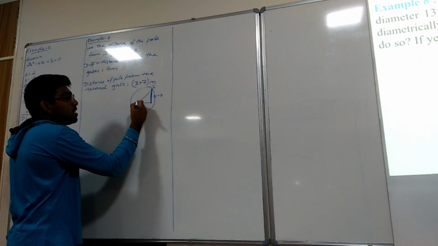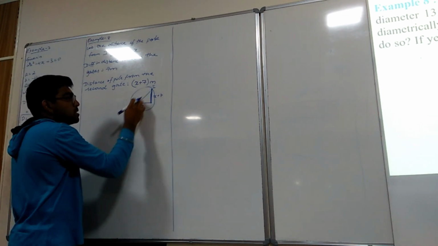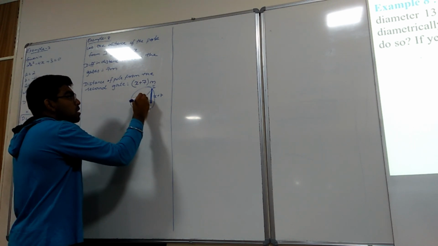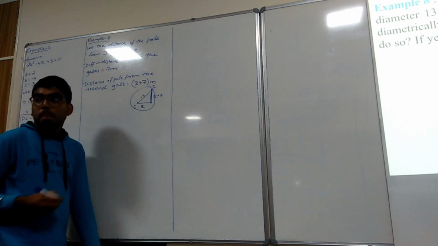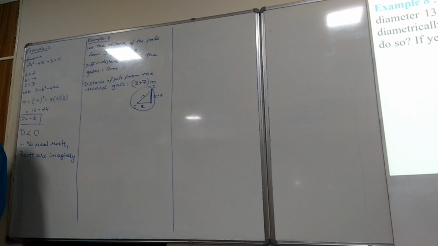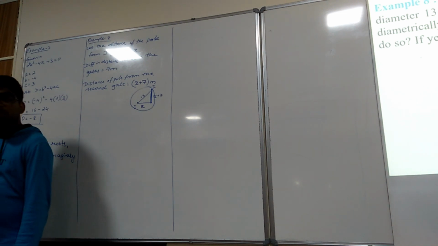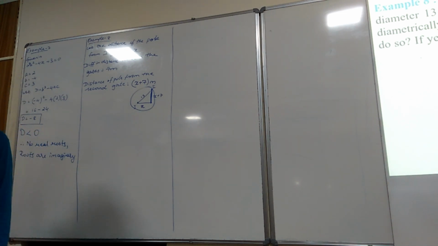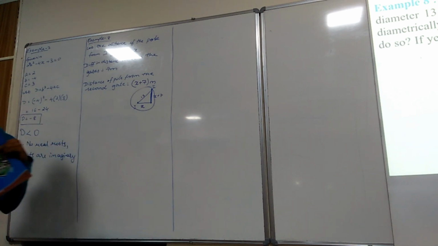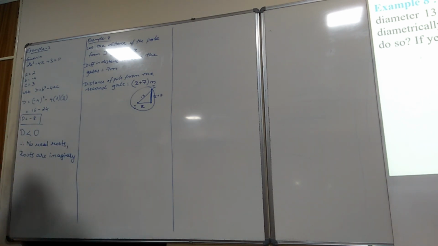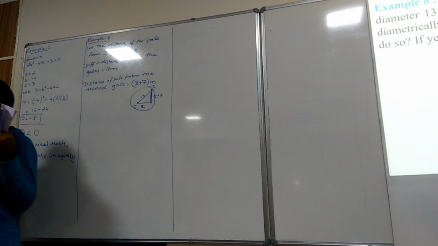Then they have given the distance of the diameter. Assume this is the diameter from 1 to 2, so this is 13. What is Pythagoras theorem? General formula: base square plus altitude square is equal to the hypotenuse square.